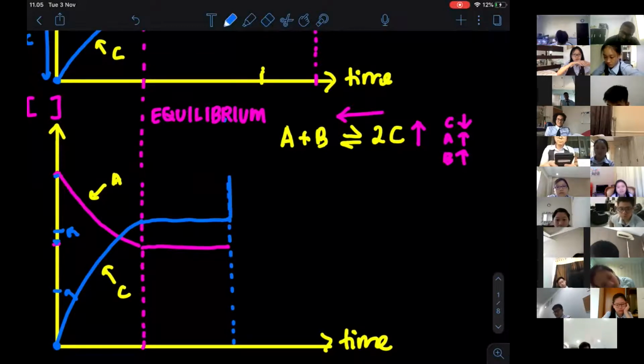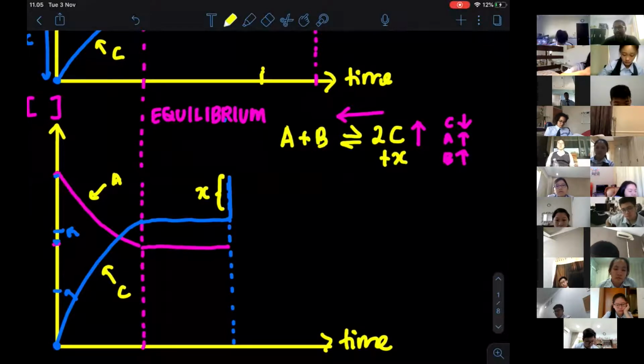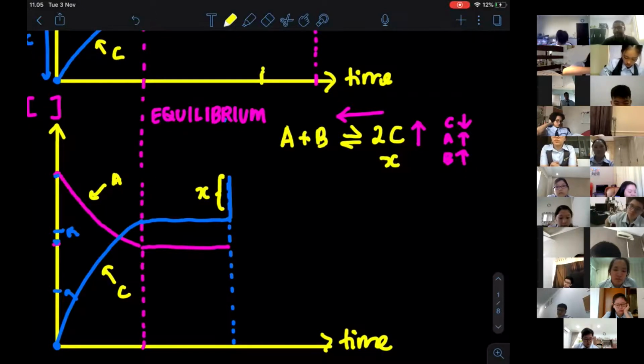I indicate this as X, increase by X. Now, when there is an increase by X, what is going to happen? I think it's better not to say plus X. I'll just put X over there.